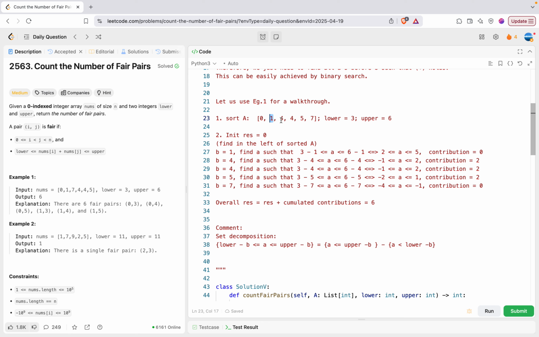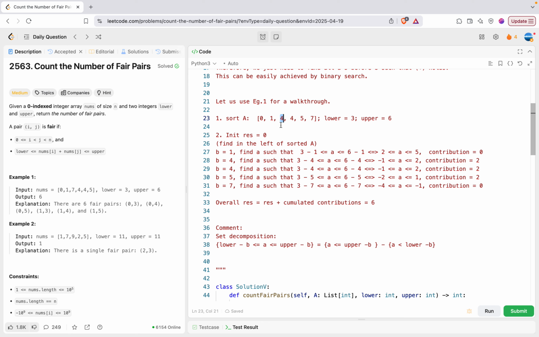Now let's look at the first 4. We use 3 minus 4 and 6 minus 4, so the number should be between -1 and 2, and 0 and 1 are both in this range. The contribution is 2. In other words, the indices corresponding to 0 and 1 can form valid pairs with the index of the first 4.